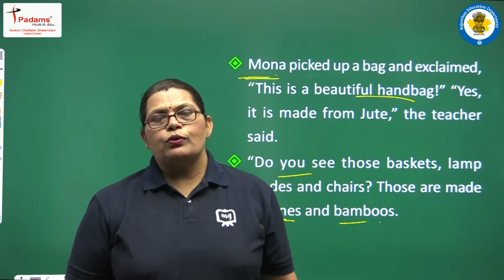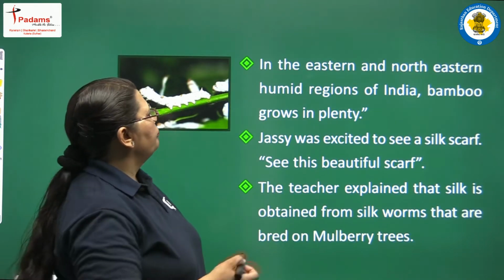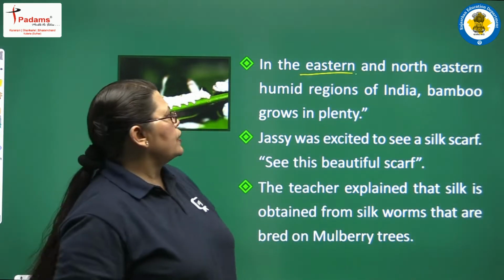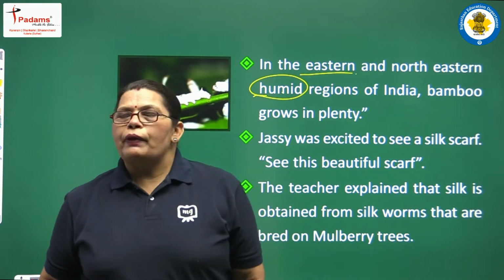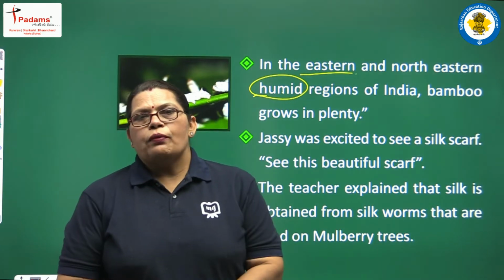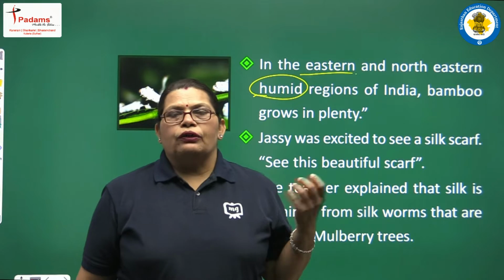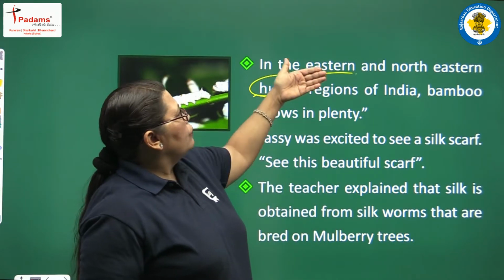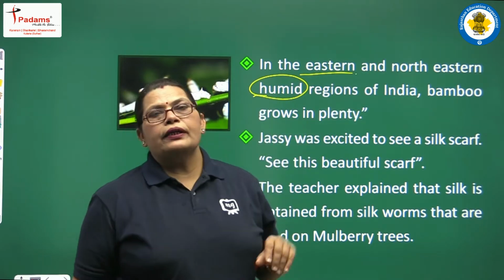Bamboos are an example of trees. In the eastern and northeastern humid regions of India, bamboo grows in plenty. That's why most of the articles displayed in the exhibition were made in the eastern and northeastern humid regions.